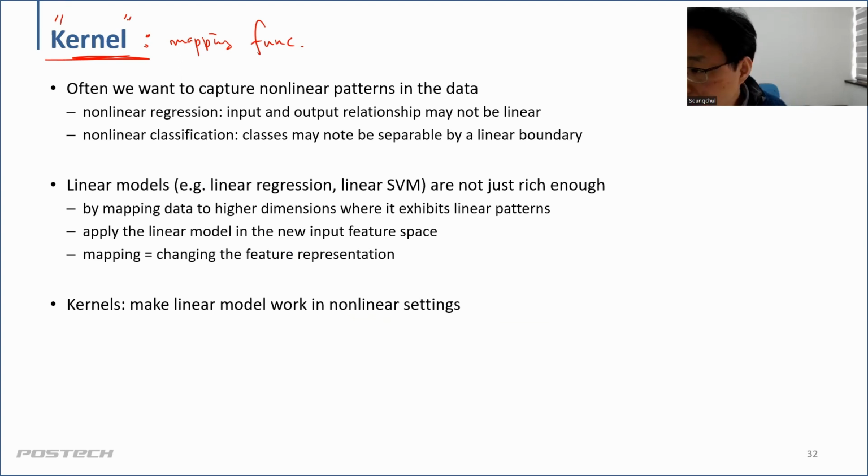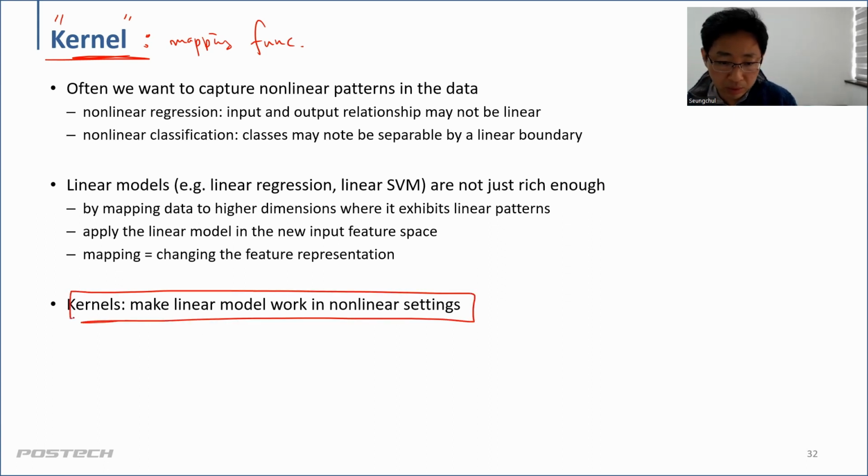I guess this is the first time you've heard of kernels, but don't worry about it. You don't have to know. That's the specific name in the machine learning community. You can think of them as mapping functions for a nonlinearly distributed data set. If you have the right mapping functions or right kernels, you can have linearly separable data points in higher dimensions. Here, just remember that one: make linear models work in nonlinear settings.